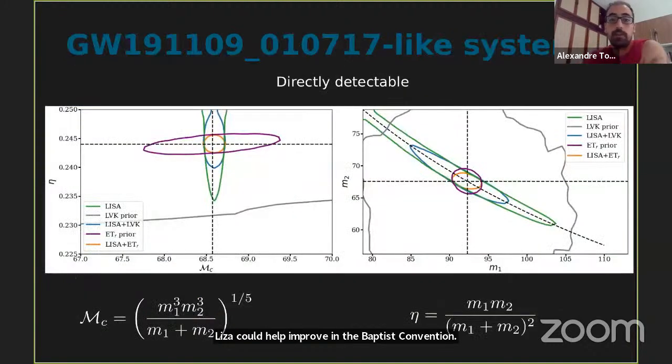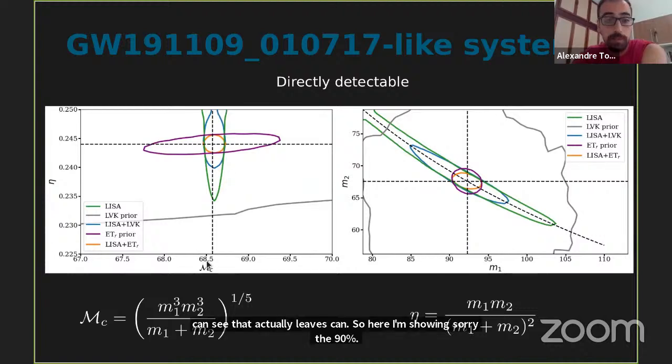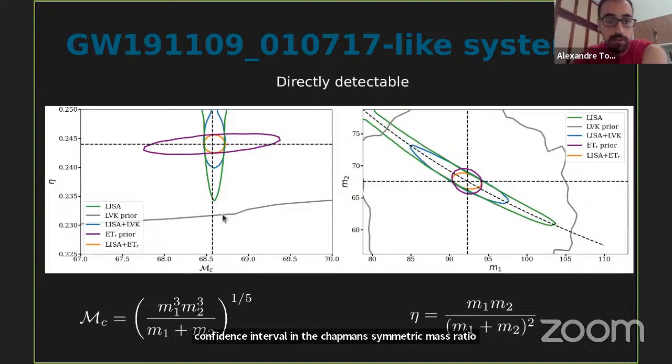So if we first look at this one system, which is directly detectable with LISA, you can see that LISA can, so here I'm showing the 90% confidence interval in the chirp mass symmetric mass ratio plane.